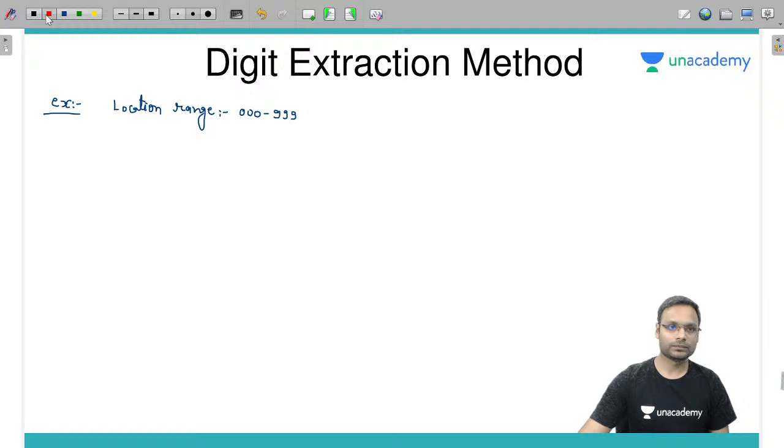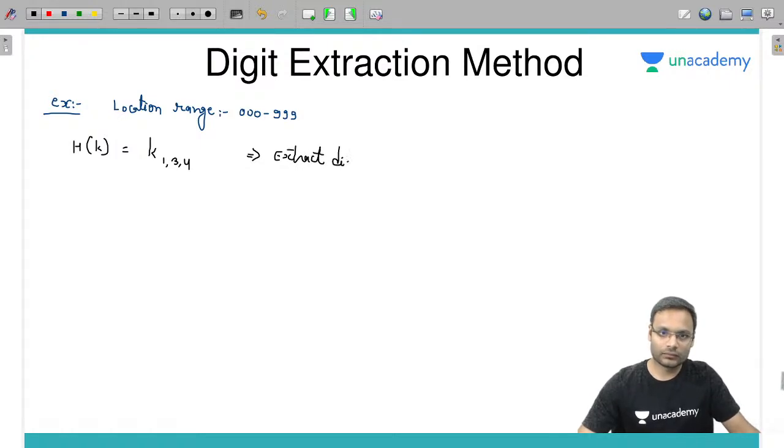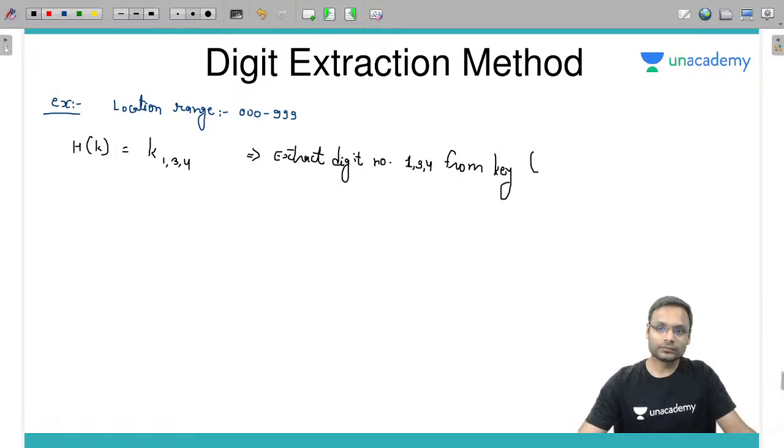Now suppose we are providing the hash function like this, h of k is equal to k 1, 3, 4. It means extract digit number 1, 3 and 4 from the key and form the location.